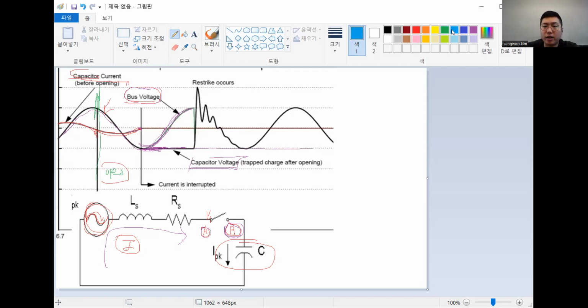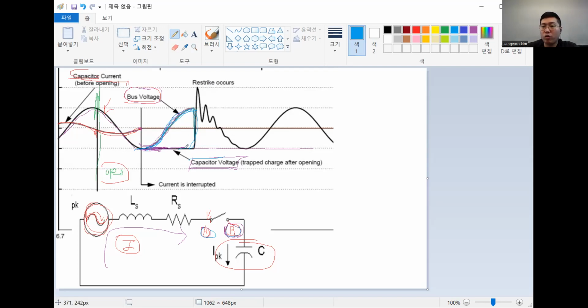As you can see, when the bus voltage goes through half of a period, this is one period, then after half of a wave, between capacitor A and B point there is a big voltage difference.